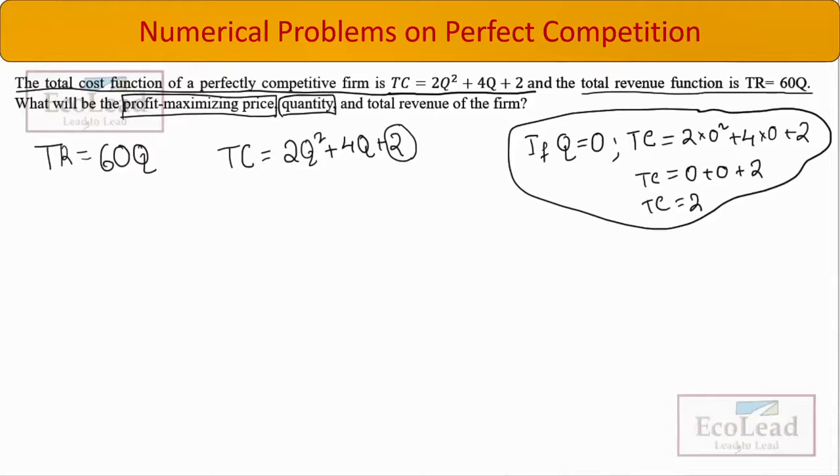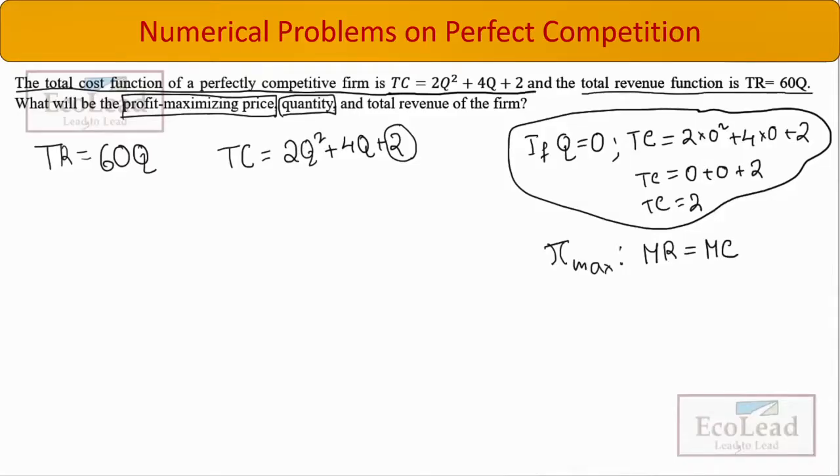Since here we do not have the information on what the market prevailing price is, we will solve this problem with the profit maximizing output condition. Profit we denote by pi. The profit maximizing condition states that marginal revenue is equal to the marginal cost.